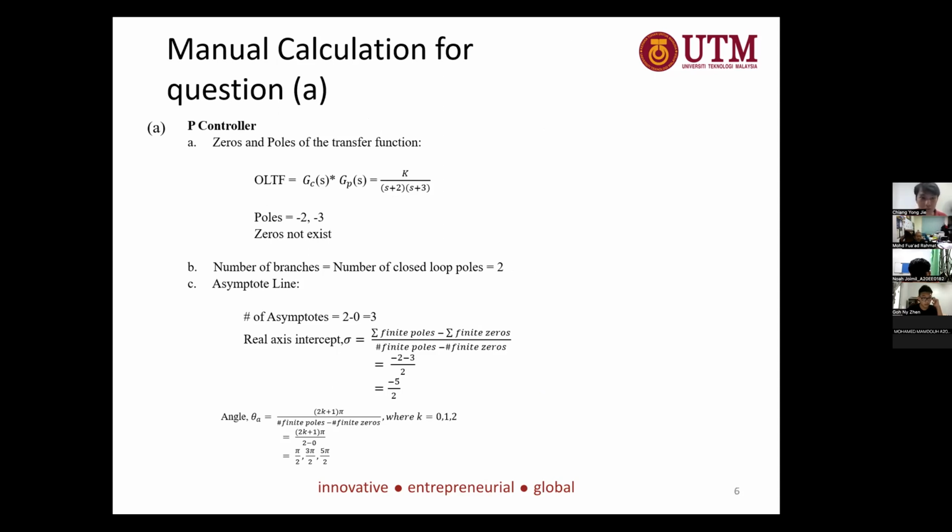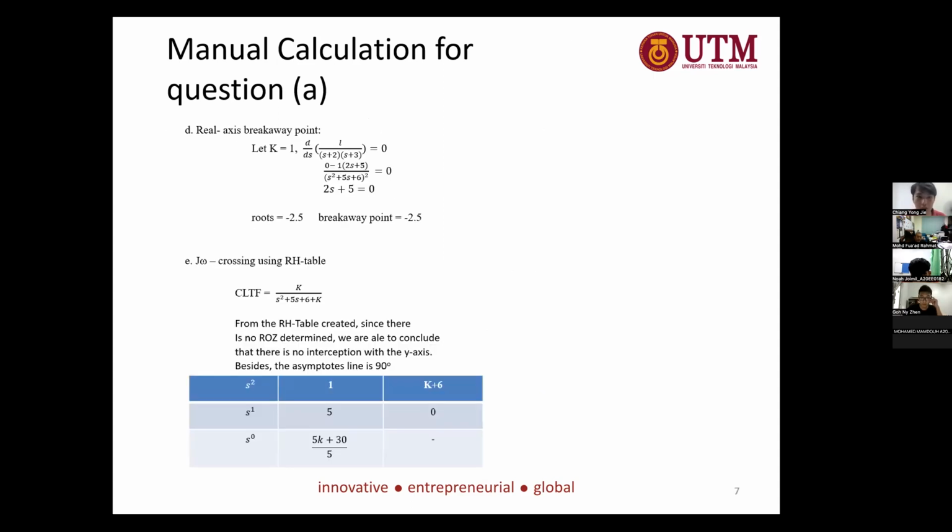This is the equation of the P controller, which has poles, and the branches are 2. After obtaining the asymptote line, I will be able to draw the graph. Next is to find the roots and also the breakaway point. For this question, since the asymptote line is 90 degrees, there is no intersection with the y-axis.